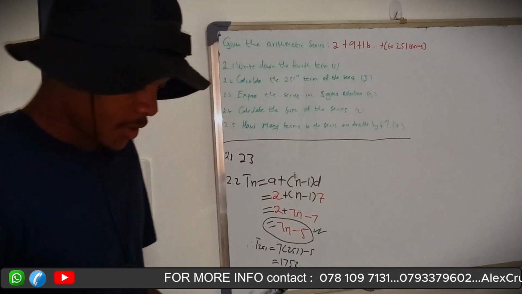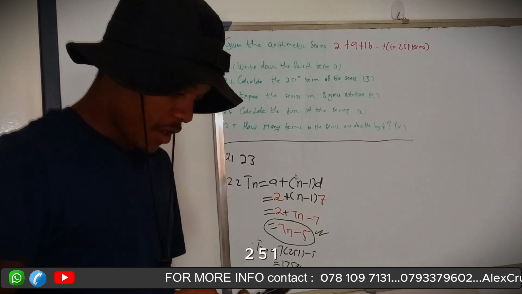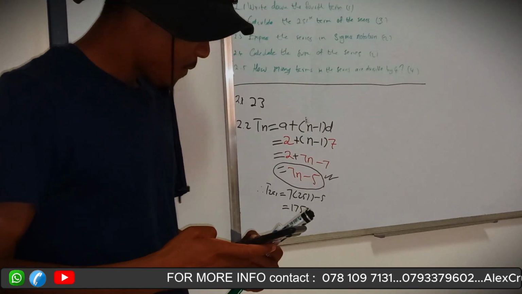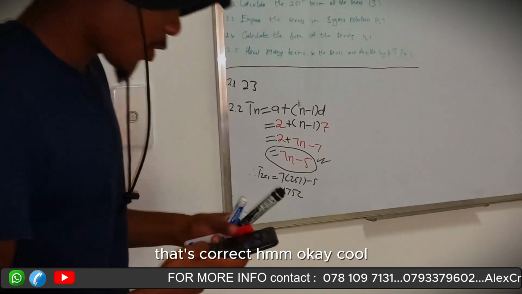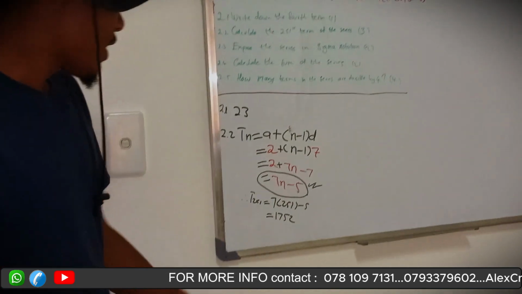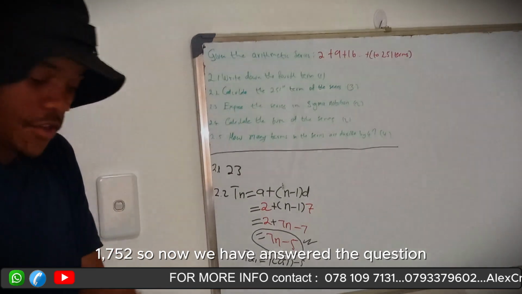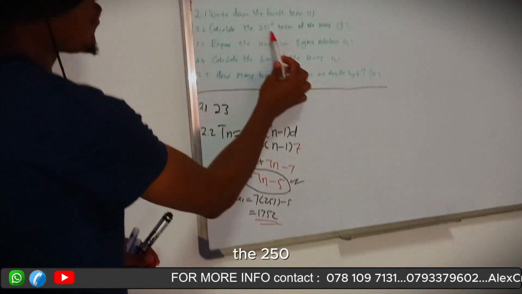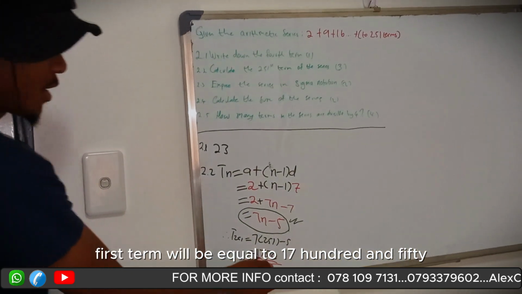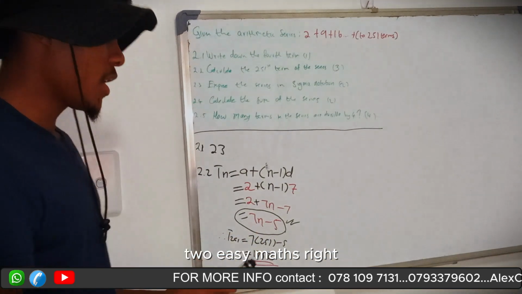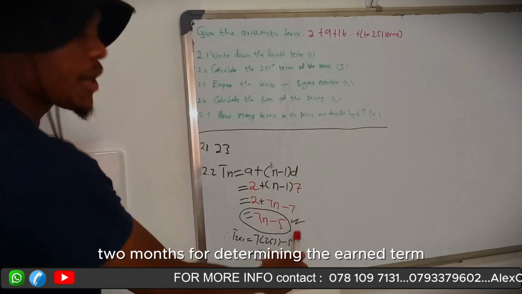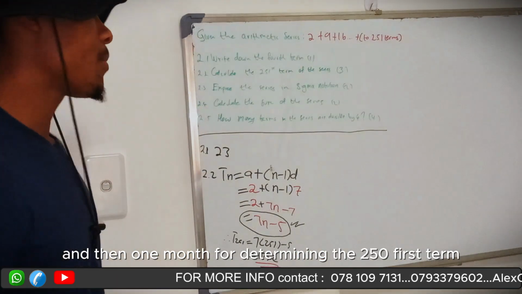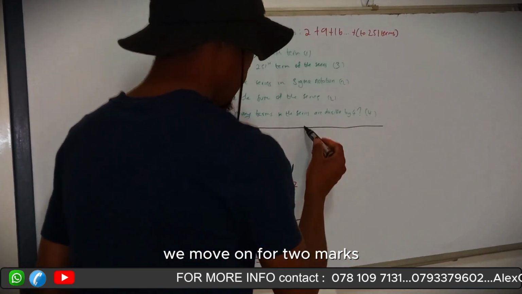Right. 7 into 251 minus 5. Yes, that's correct. Okay, cool. 1752. So now we have answered the question. The 251st term will be equal to 1752. Easy marks, right? 2 marks for determining the nth term, and then 1 mark for determining the 251st term. All right, cool. We move on.